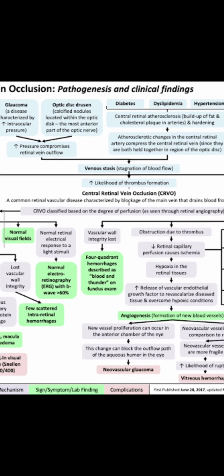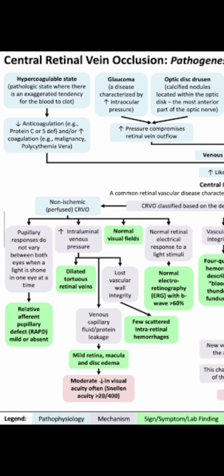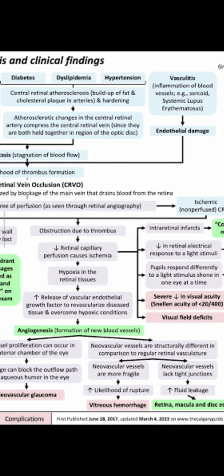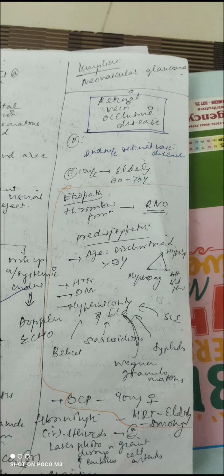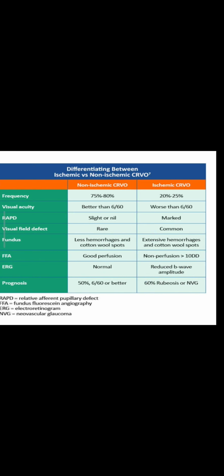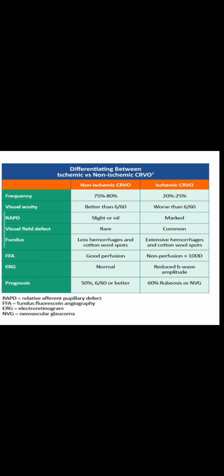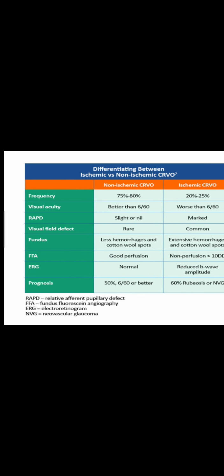Broadly, CRVO is classified into non-ischemic and ischemic types. Most commonly it is non-ischemic, and it is also called hemorrhagic CRVO.